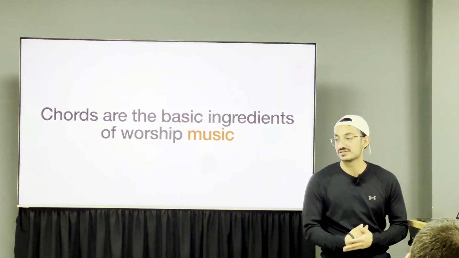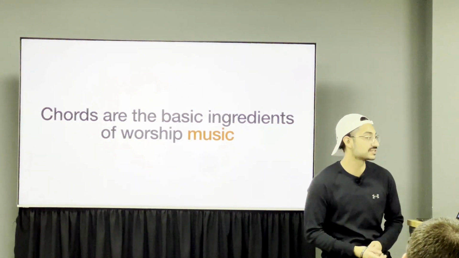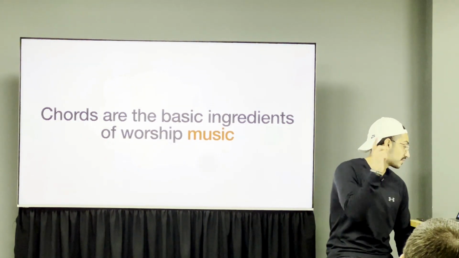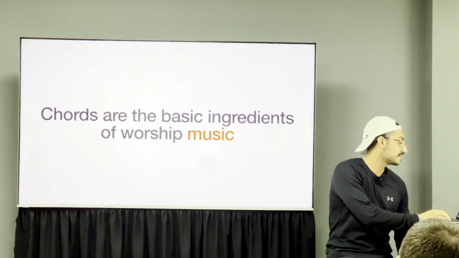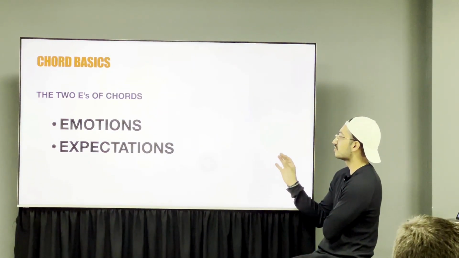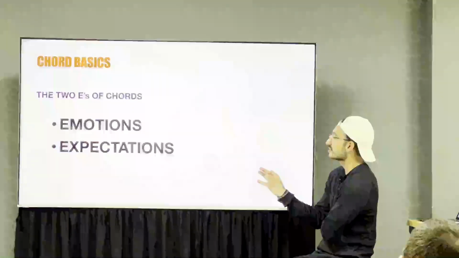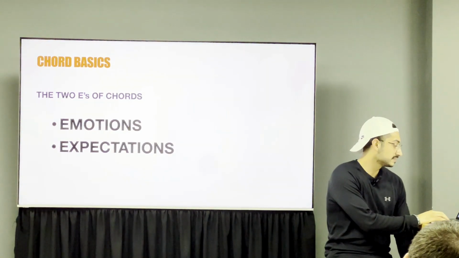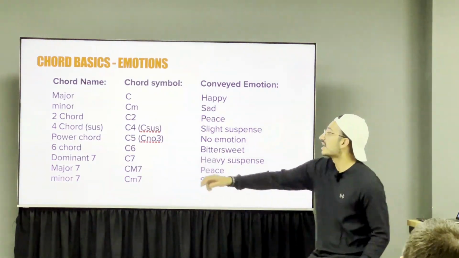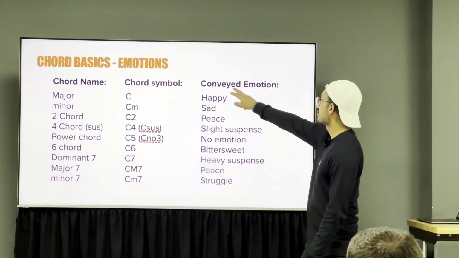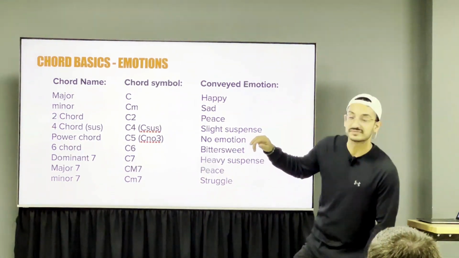If we want to do chemistry, the elements are the basic units of everything, right? But for worship songs, it's chords, and so I want to talk about how chords have the two E's: emotions and expectations, right? So each chord, and variations of the same chord, have an emotion attached to it.